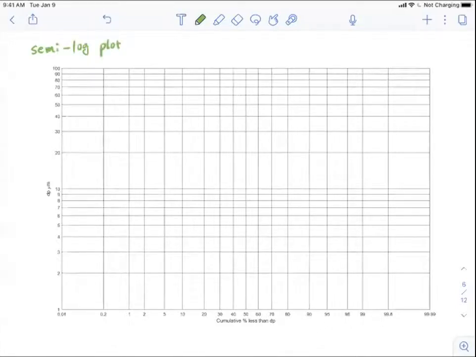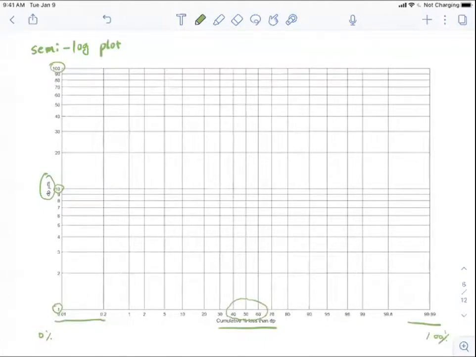Okay, so on this semilog plot, you can see that the particle size follows a log normal scale, right? You have 1 micrometer here, 10 micrometer here, 100 micrometer here. But at the same time, in terms of the fraction, the fraction values close to the middle are narrower, while the fraction values close to 0% and 100% are stretched.